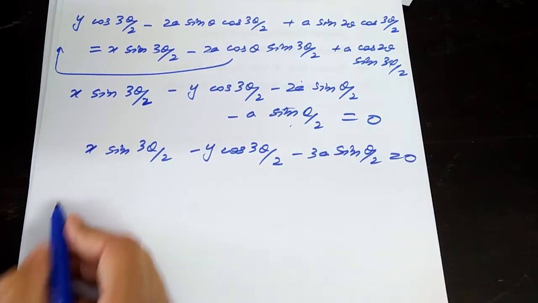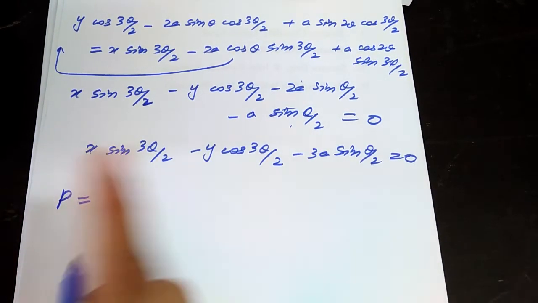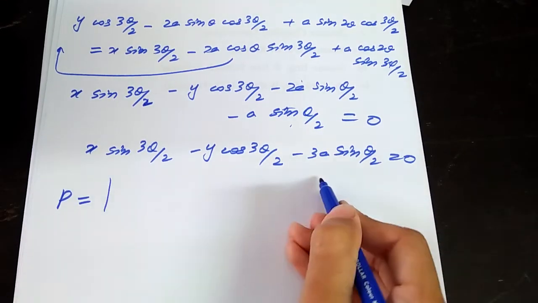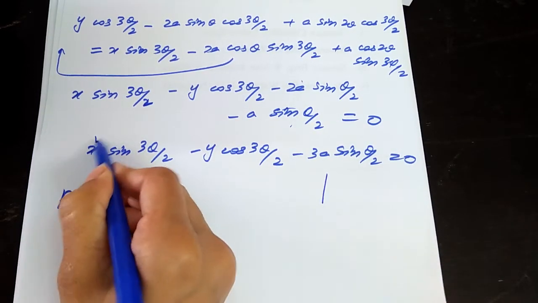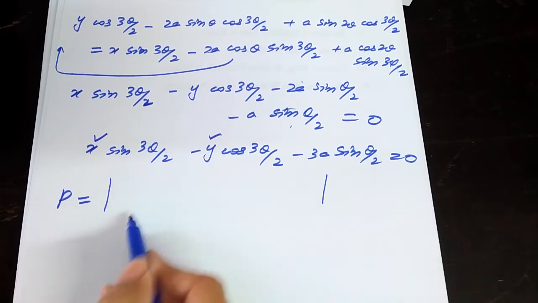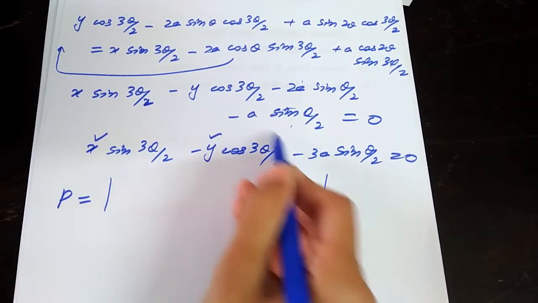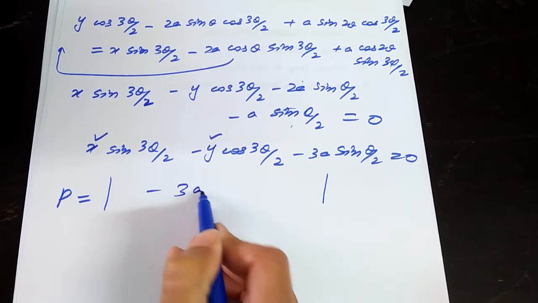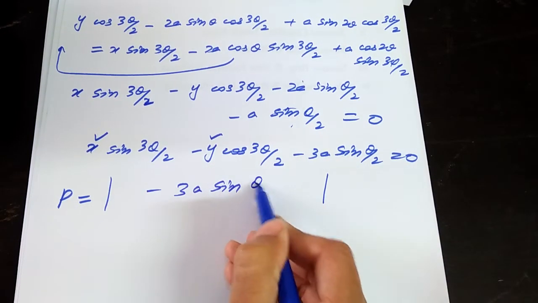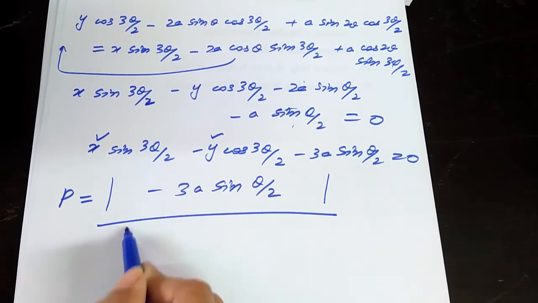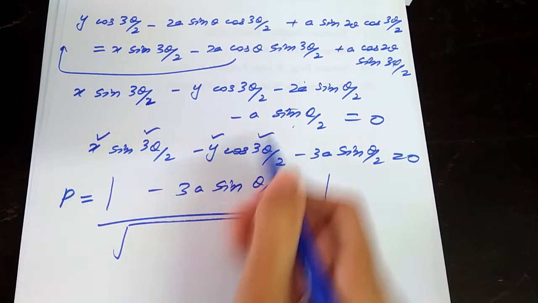Now the perpendicular distance from the origin will be, put 0 in place of x and y. I will get 0 times sine 3 theta by 2, that is 0. Again 0 here, and I will be left with only minus 3a sine theta by 2 divided by the square root of this square and this square.